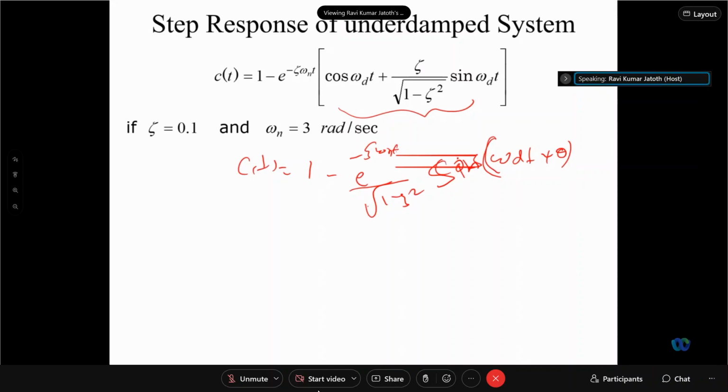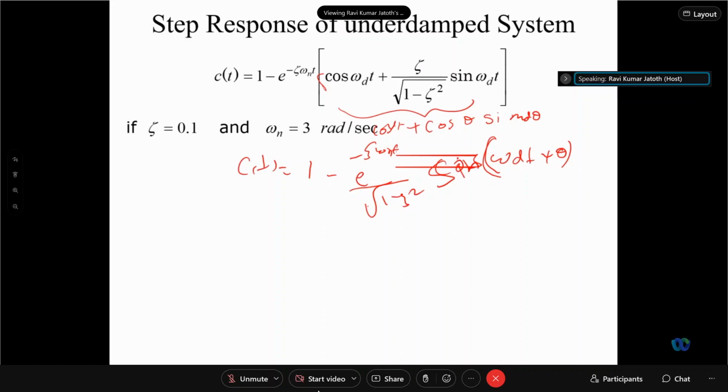So sin A plus B is sin A cos B plus cos A sin B. So this zeta you can write as cos theta sin omega d t, plus cos omega d t with under root 1 minus zeta square.